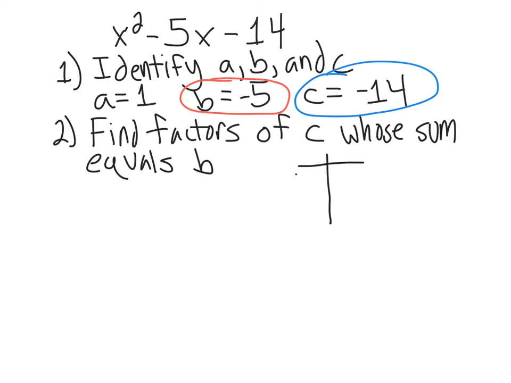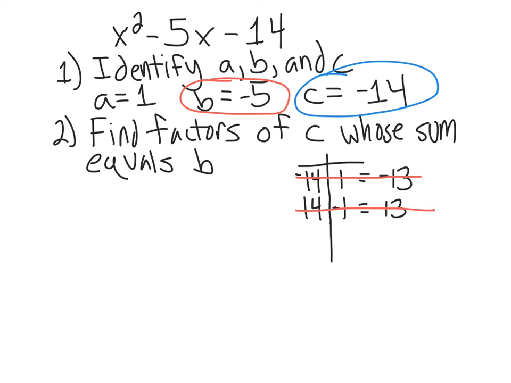I can start with negative 14 and 1. If I add those together, I get negative 13. Does negative 13 equal b? Nah, b's supposed to be negative 5, so I can rule this out. Now, if I wanted to, I could do 14 and negative 1, because those are factors of negative 14. But when I add those together, I get positive 13. That's not going to work.